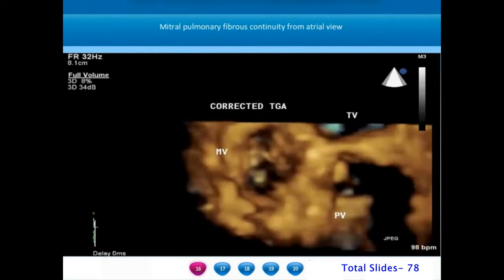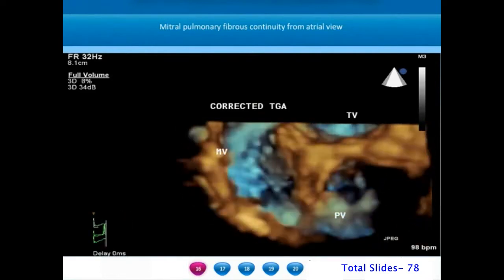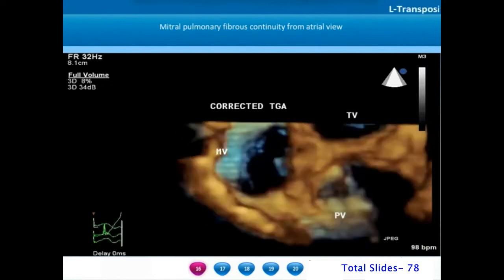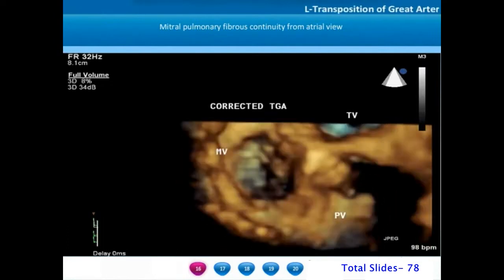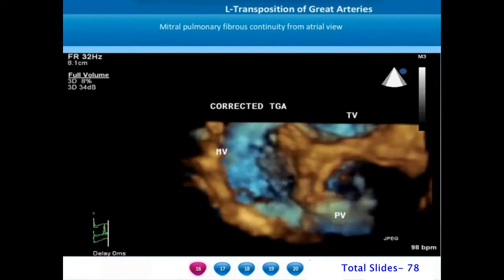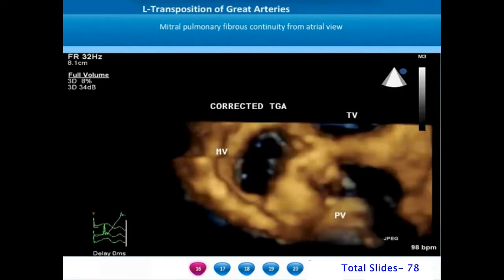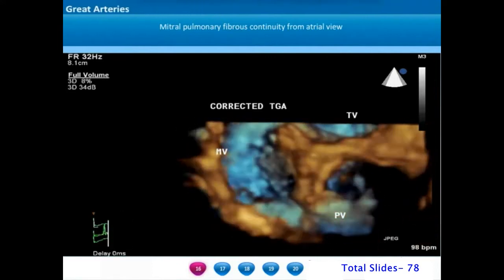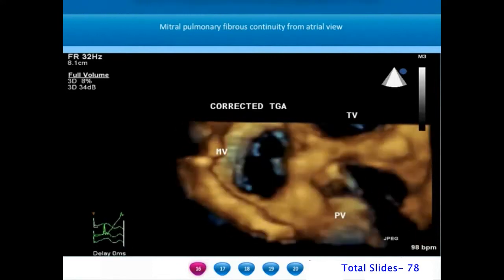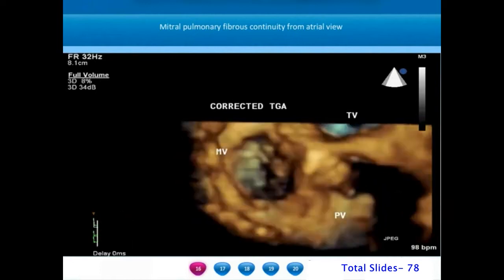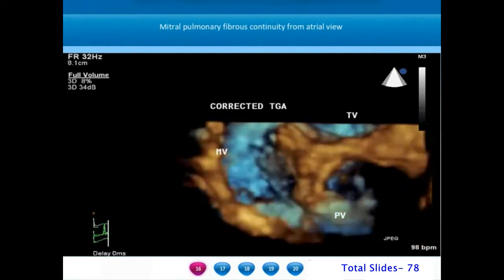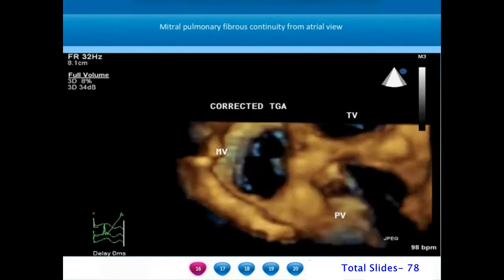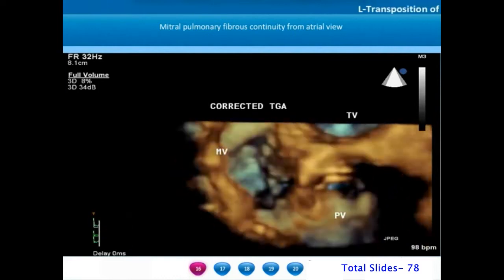Contrary to a normal heart where the aorta is wedged between the two atrioventricular valves, which gives an aortomitral and aortotricuspid fibrous continuity, in corrected transposition of great arteries, the pulmonary valve is wedged between the tricuspid and the mitral valve, and so there is a mitral pulmonary and a tricuspid pulmonary fibrous continuity.